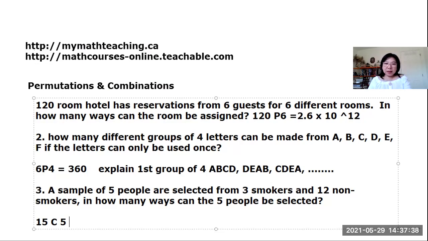So as long as we know whether it's 15C5 or 15P5, P for permutation and C for combination, and we choose right, we can use a calculator and get the answer with no problem. But we have to know whether we use P or C.